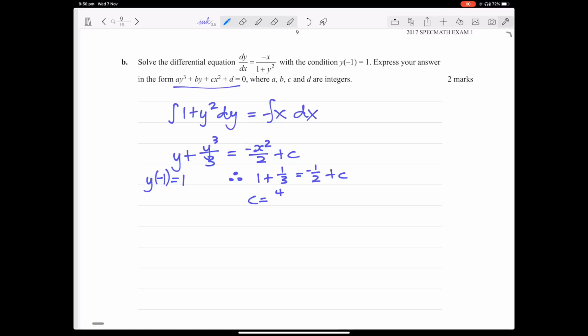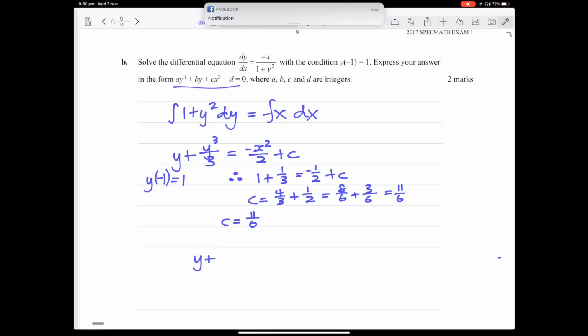So c equals 4/3 plus 1/2, which is 8/6 plus 3/6, 11 on 6. Okay, so c is 11 on 6.